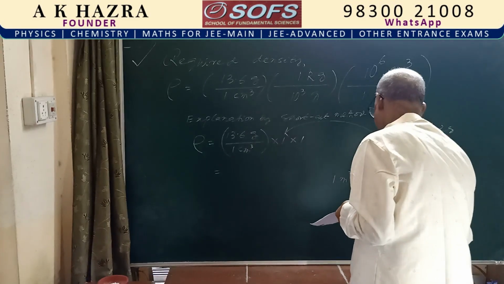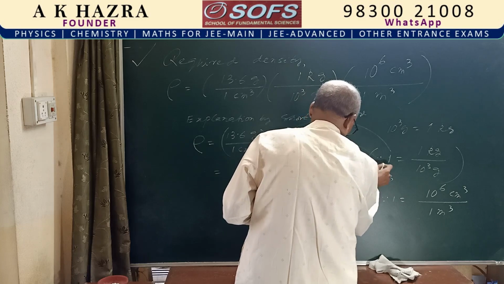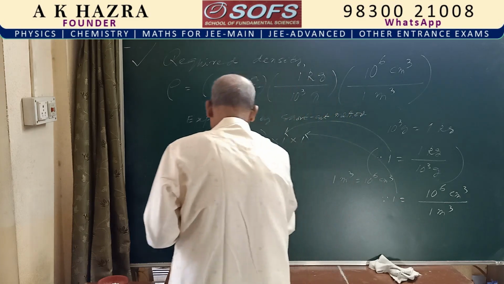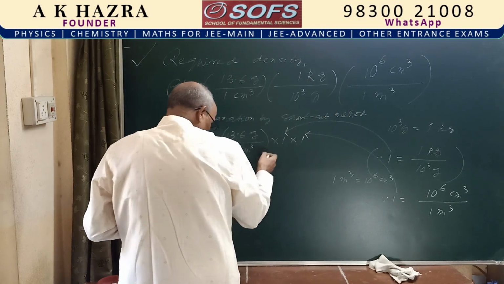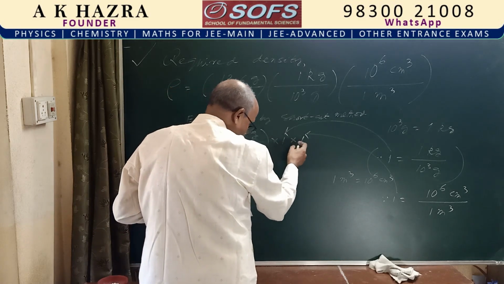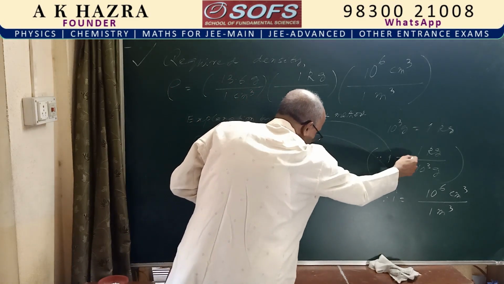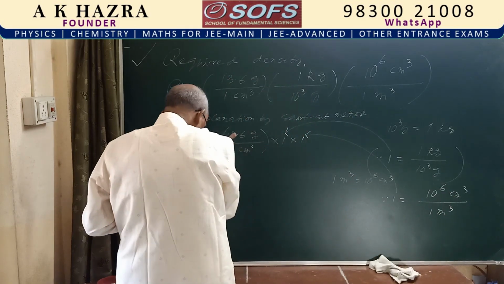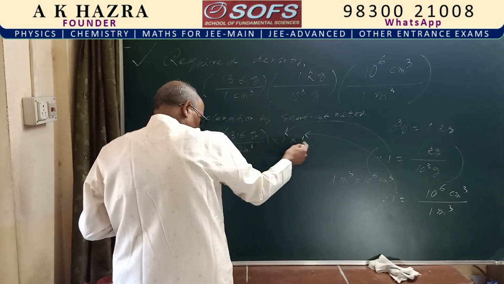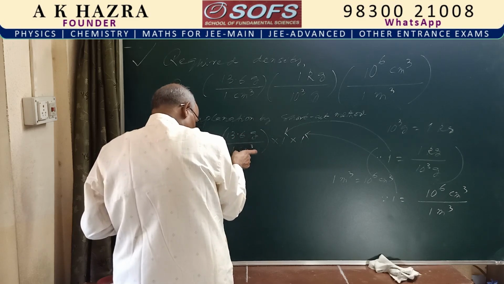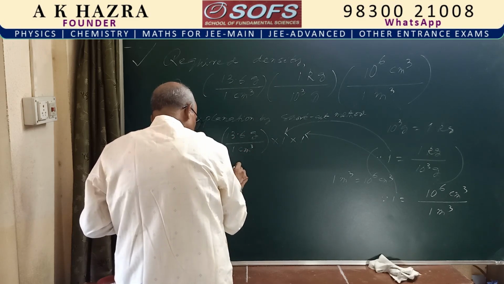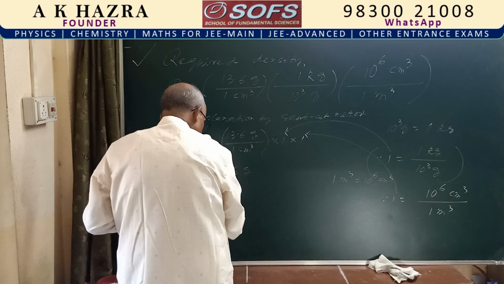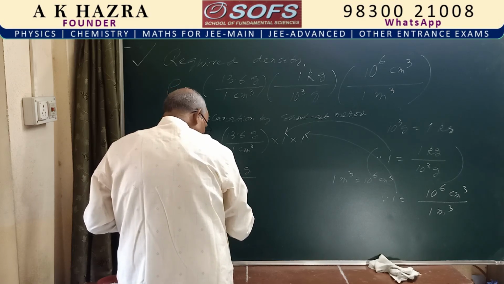So the 1 is replaced by this one, and that 1 by that one. The equality will hold because it is 1 into 1. 13.6 gram per cubic centimeter remains as it is, only dimensionally it will be changed.